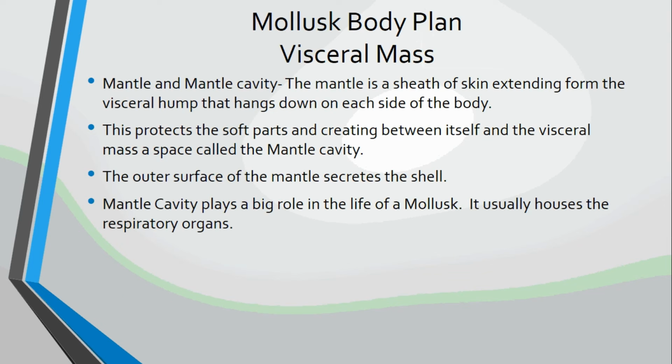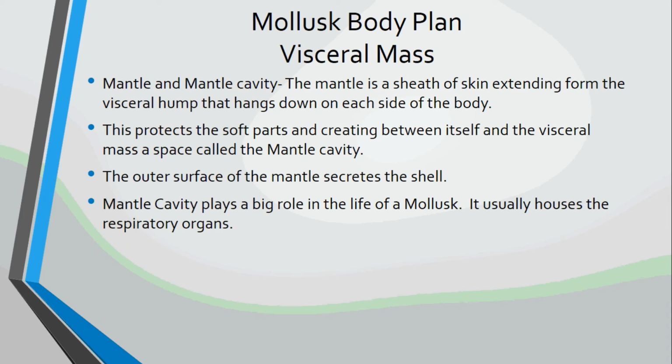Okay, so next we're going to talk about the visceral mass in the mollusk body plan. And the biggest portion of this is going to be around and enveloped in the mantle and the mantle cavity. The mantle is a sheath of skin extending from the visceral hump that hangs down each side of the body.